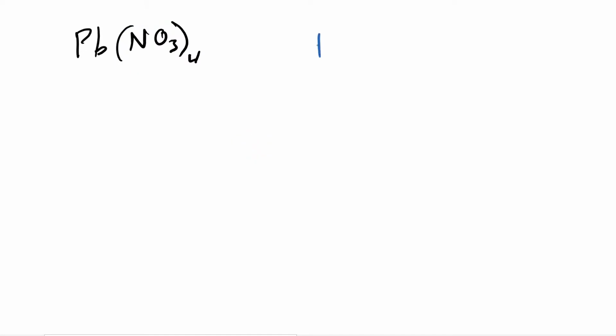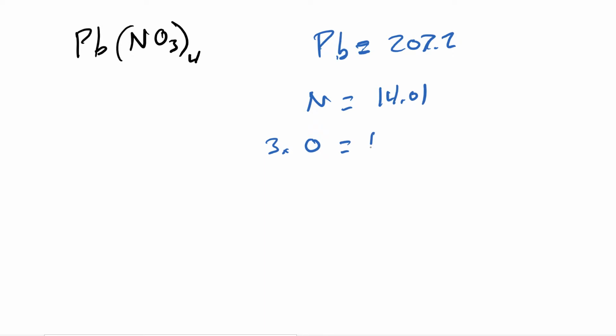Well, we know that lead has a mass of 207.2. But what is the mass of nitrate? Well, nitrate is composed of nitrogen, which has 14.01, and then there's 3 oxygens, which are each at 16.